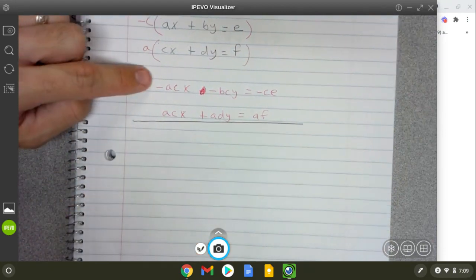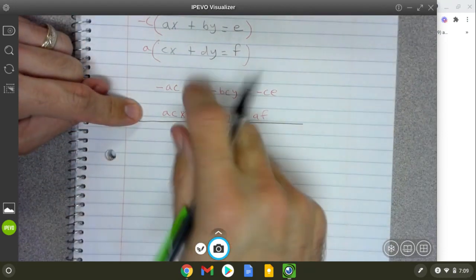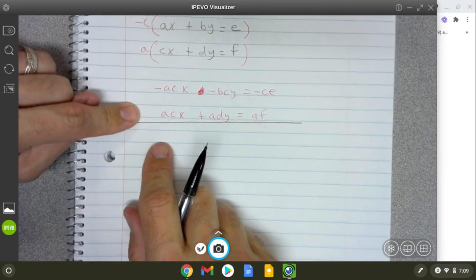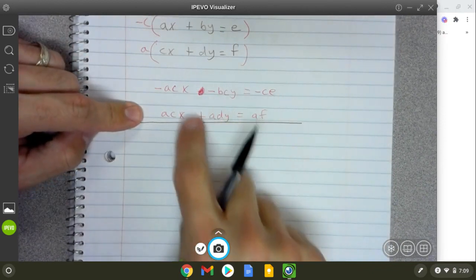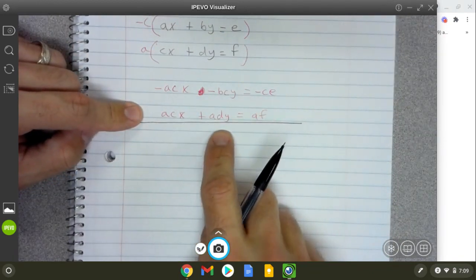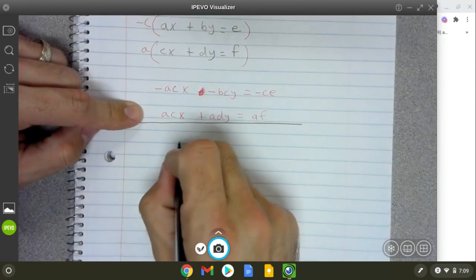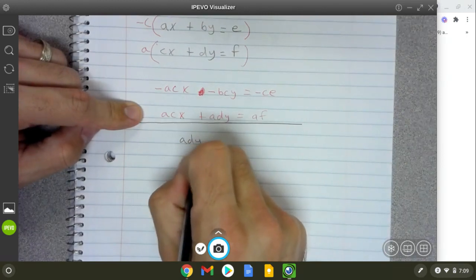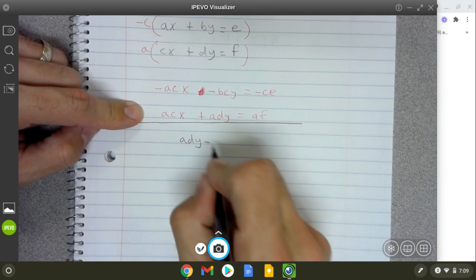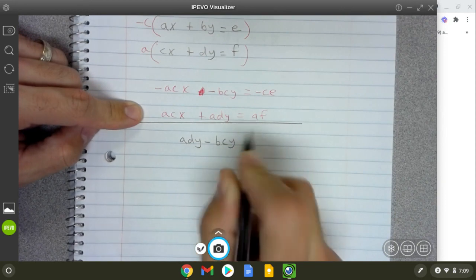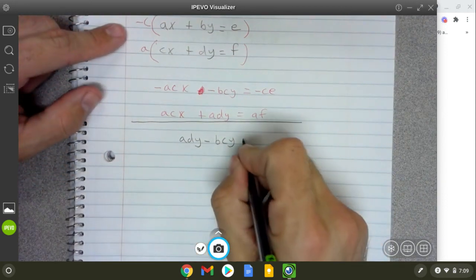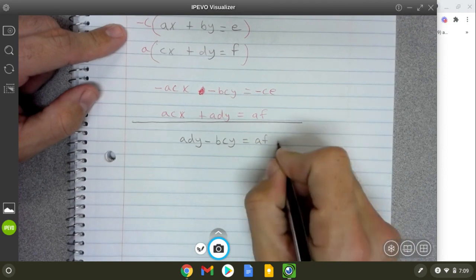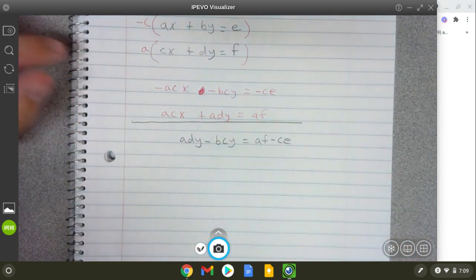When we add negative acx to acx, those cancel. We did that by design. So what we're left with is this little combination right here. I'm going to write the positive one first: ady, and it's going to be minus bcy, because we're just adding the two equations, equals af minus ce.